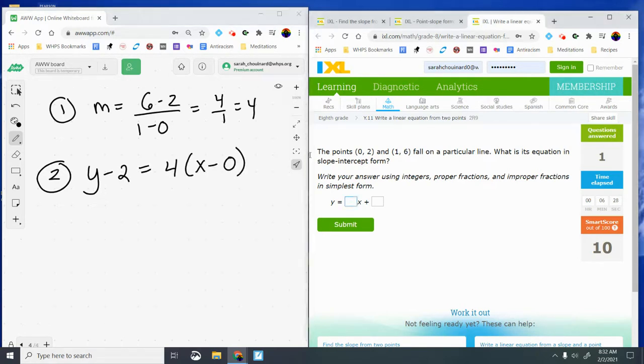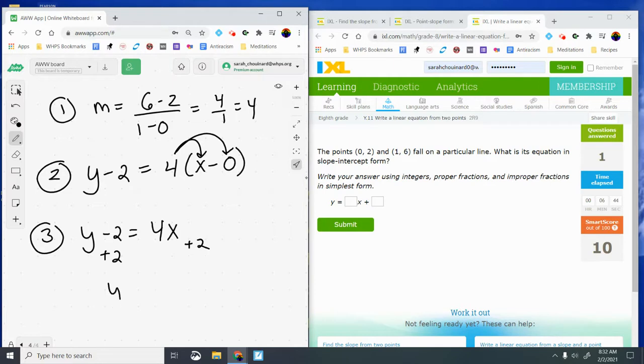I'm using 0, 2 as my point. Then I'm going to get it into slope-intercept form. So I start by distributing the 4, and I get 4x, and then minus 0 times 4 is just 0. And then I'm going to add 2, so I get y equals 4x plus 2.